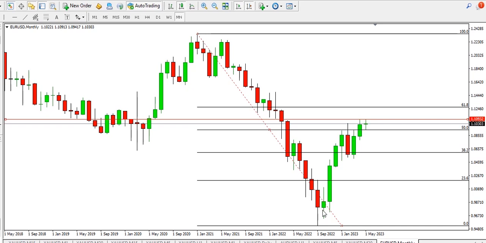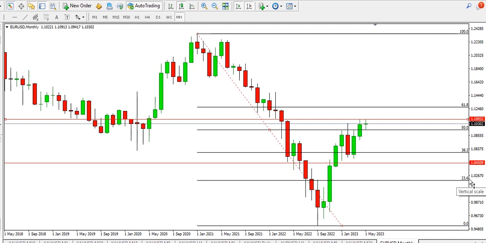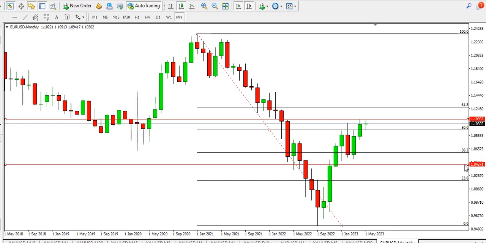With that done, you can now place your entry at around the midpoint between the 23.6% Fibonacci level and the 38.2% Fibonacci level, around the 30% level. You can always place your entry here.